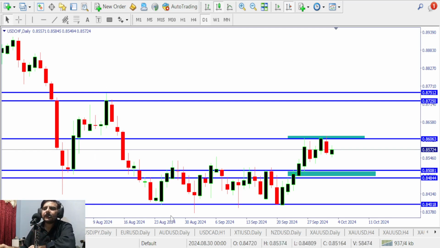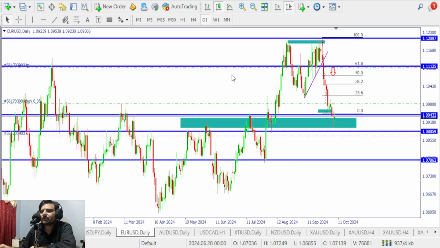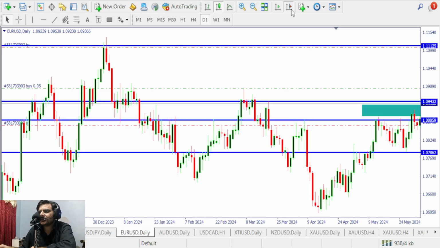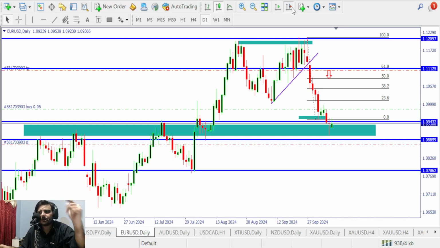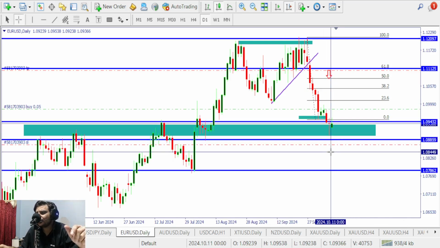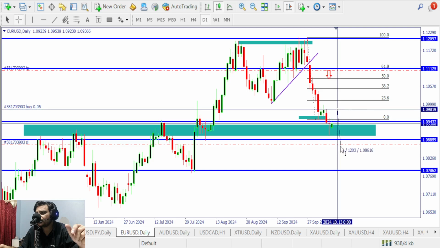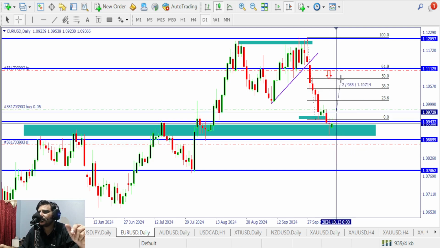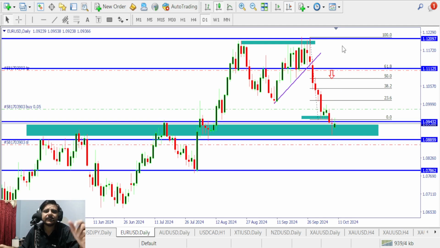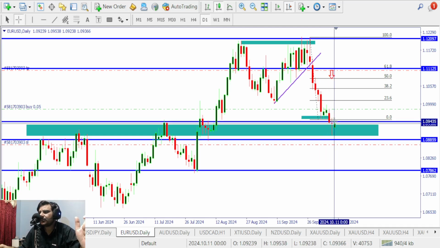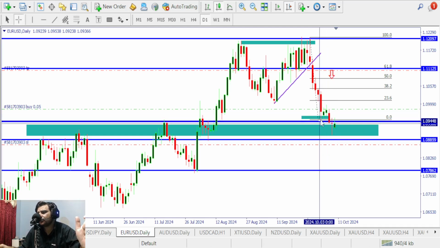Now moving on to the euro US dollar, right here last week I took one long-term trade obviously, and that long-term trade has a stop loss of around 120 pips, while the take profit was 138 pips, pretty much 1:1. So right here on these two candles I took a buying decision, but euro US dollar at this particular stage is standing a little bit to the critical side of the market.